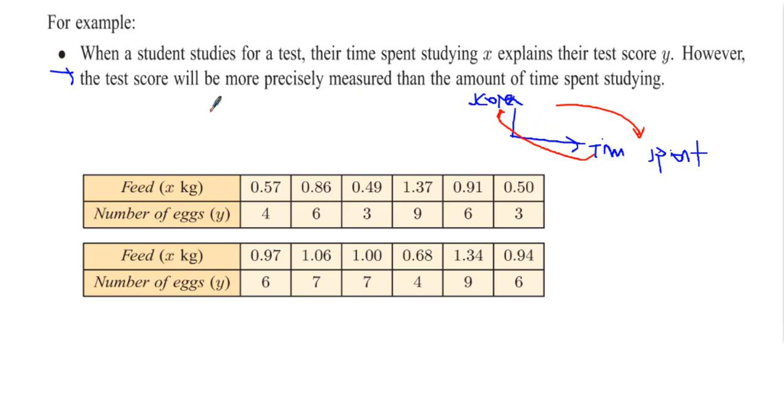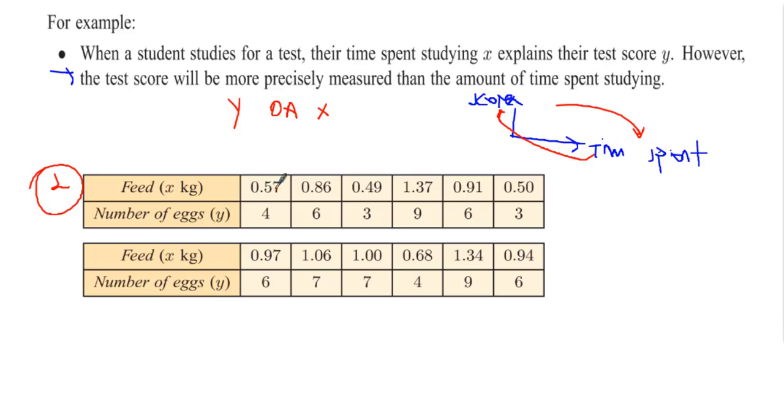They will ask you to find the regression line as y on x, or y against x, which we have done, or they will ask you x against y. It means we should reverse it, x on y. Or, for example, the second example, feed for chickens and how they lay eggs.